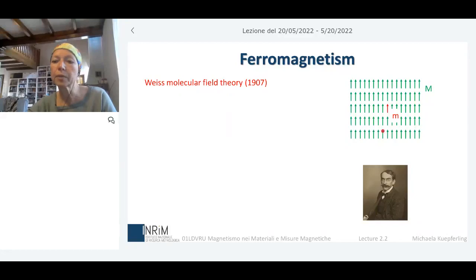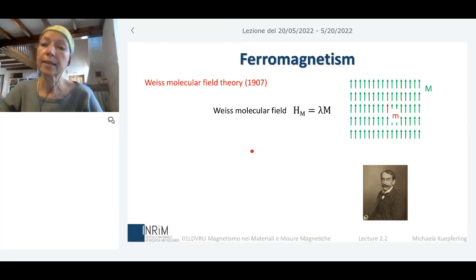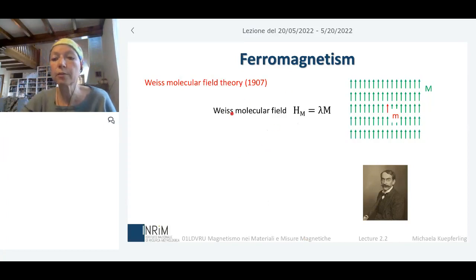So all the neighboring magnetic moments create somehow a magnetic field that this single magnetic moment feels. This is a very reasonable assumption, and this field is called the molecular field. And this molecular field was considered by Weiss to be proportional to the magnetization, as of course it should be.